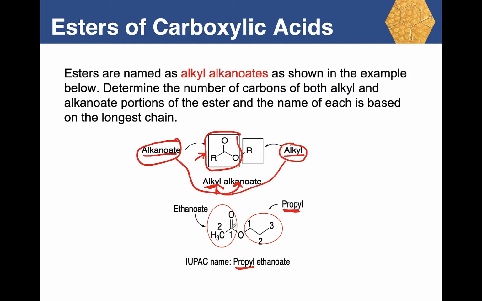And the other section is how many carbons are involved in the portion attached to the carbonyl. So it's 1 and 2 carbons, ethane, so it becomes ethanoate. So the name of this molecule here is propyl ethanoate. So that's how we name esters.